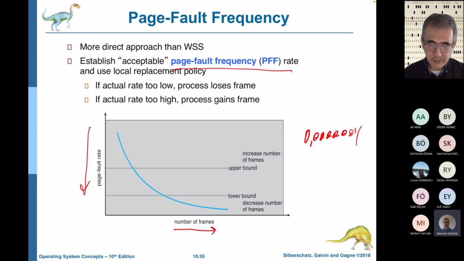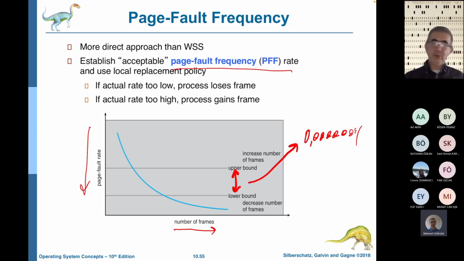So our algorithm tries to set the page fault rate between upper and lower bounds. Then we say it is an acceptable number, by playing with the victim selection and giving pages to processes.